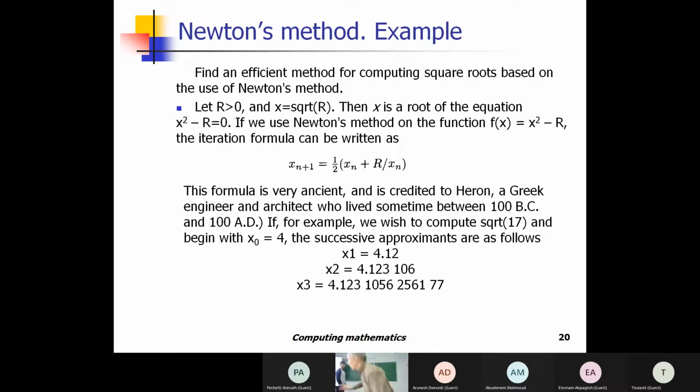Well, that's all, and we get the formula that is written here. Xn plus 1 equals 1 over 2 times xn plus r over xn.